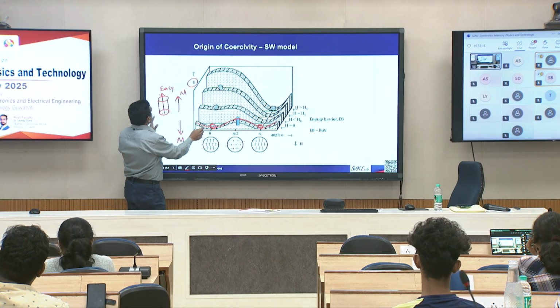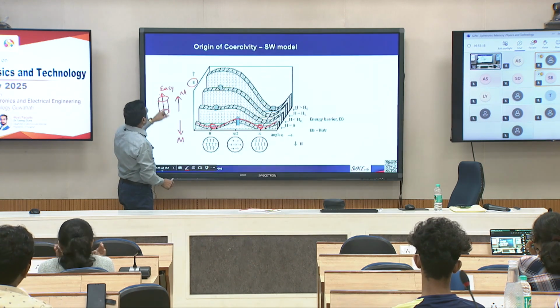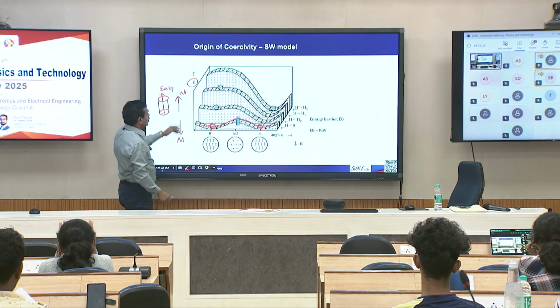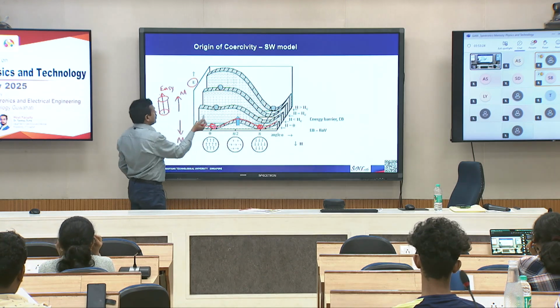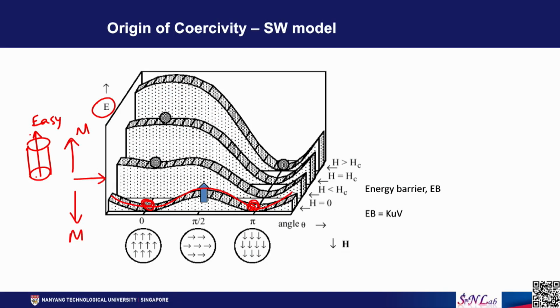Okay, so, when the magnetization is parallel to the easy axis, parallel or anti-parallel, the energy is low. And as I mentioned, if the magnetization is pointing 90 degree with respect to the easy direction, energy is high. Okay, so, this is the energy landscape when there is no magnetic field.